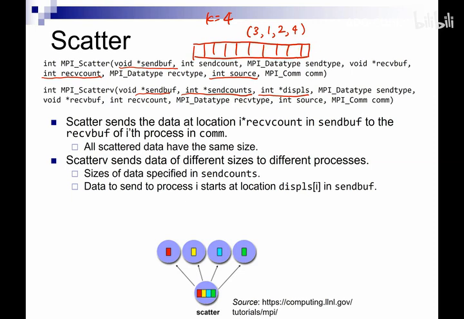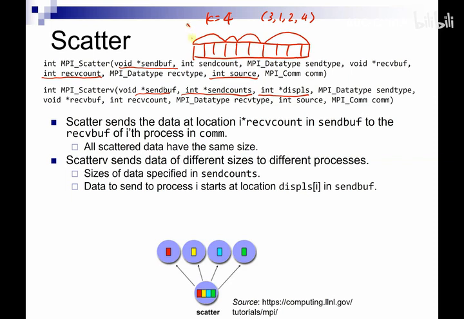So I want to send 3 data items to the first process, 1 item to the next process, 2 items to the next process, and then 4 to the final process. The displacement is just telling me where the data I'm sending starts.